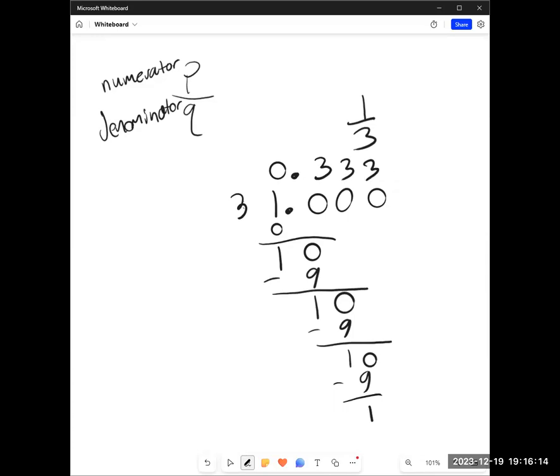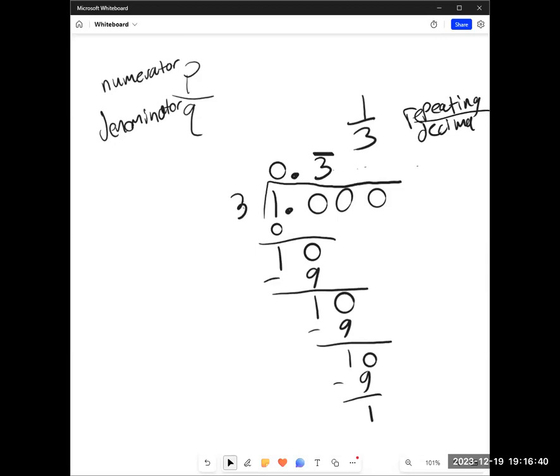I'm just going to put dot, dot, dot, ellipses to show that it keeps repeating. Another way that we can do that is to put a bar over top of the digit that's repeating. It's called a repetend bar. And that means that this 3 keeps on repeating forever and ever. So that's going to be a repeating decimal.